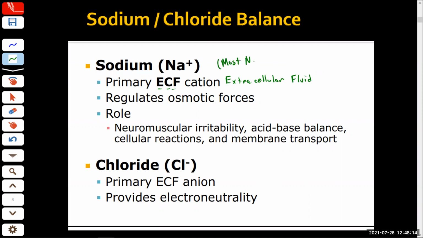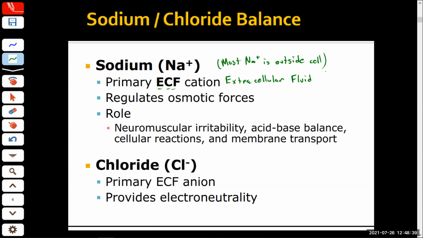Most sodium is outside the cell. We'll talk about how it regulates osmotic forces. Cool. Chloride is the primary ECF anion. So where do we find the majority of chloride in the body? Extracellular, or outside of the cells, like in your blood.